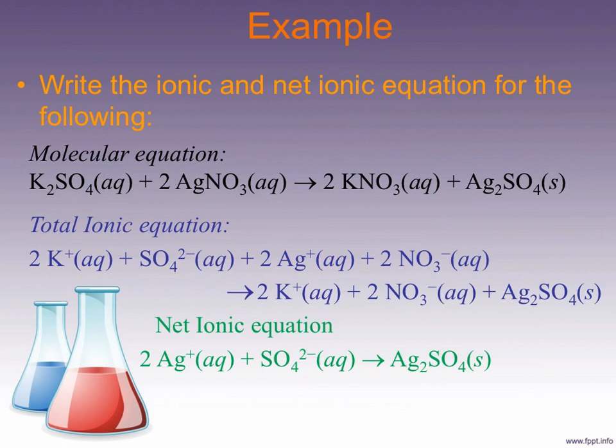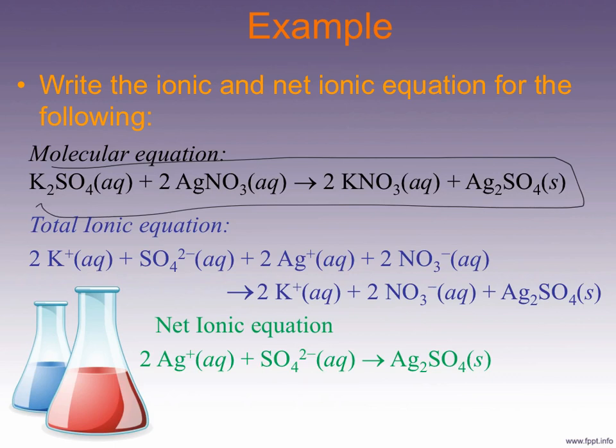So let's do a couple of examples. Here is a molecular equation. I was nice and told you what was soluble and what is a precipitate. So what if I said, okay, write out the total ionic and the net ionic equations. Everything that's soluble gets separated into the ions.